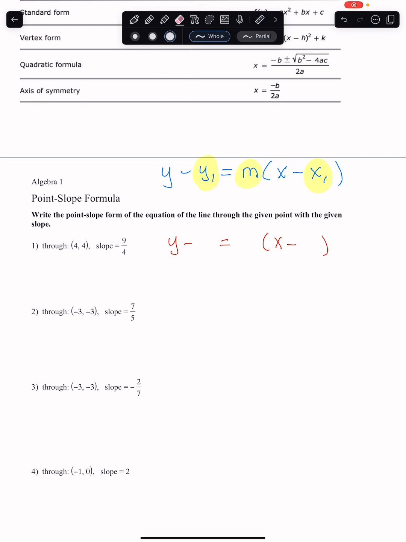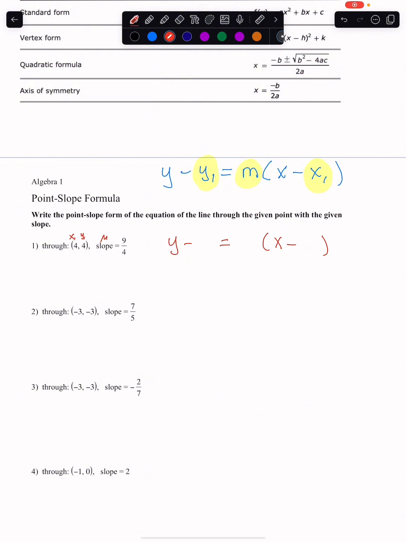Because the x and y that I left are just kind of a permanent fixture. And over here in your problem, this is your x1, this is your y1, and of course your slope is m. So literally all I got to do is plug it in.